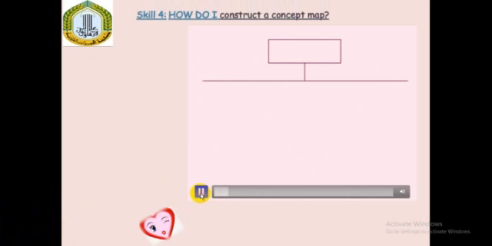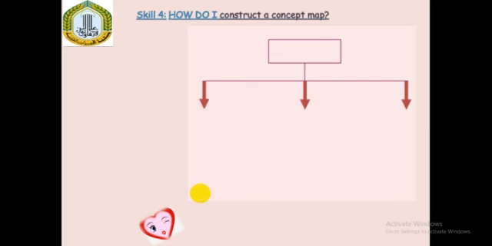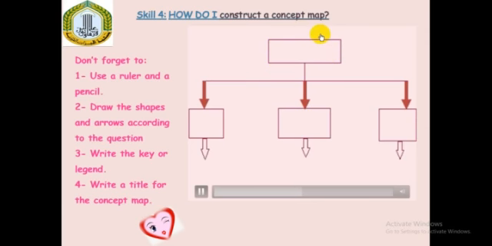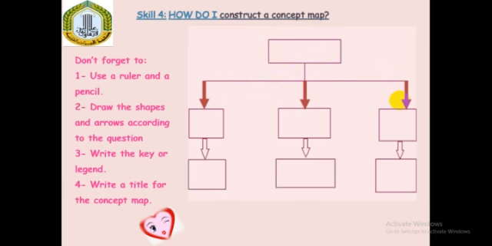Observe with me. So we start by drawing a frame, a line, and arrows, another frame, okay? In the main one here, we put the main idea that we are talking about, and each arrow represents a key that we are going to know from the title or from the question that we have to answer.